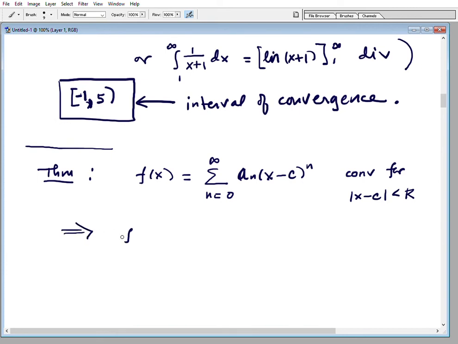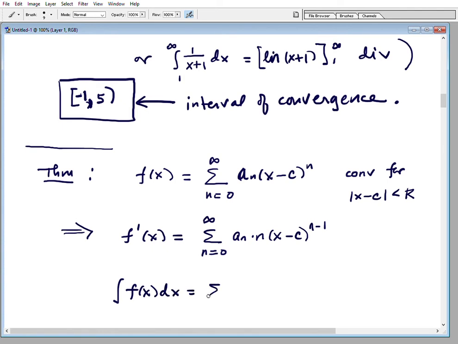So the conclusion is the derivative you could get by just taking the derivative term by term, like you would expect. So you take the derivative like this, term by term, bring down the n, x minus c to the n minus 1. And then also the integral, you can integrate term by term: a_n (x minus c) to the n plus 1 over n plus 1.